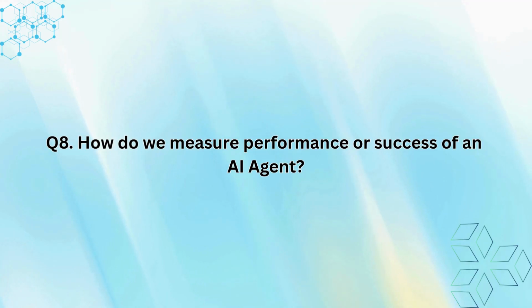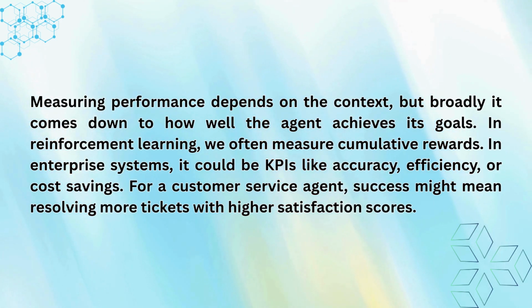How do we measure performance or success of an AI agent? Measuring performance depends on the context, but broadly it comes down to how well the agent achieves its goals. In reinforcement learning, we often measure cumulative rewards. In enterprise systems, it could be KPIs like accuracy, efficiency, or cost savings. For a customer service agent, success might mean resolving more tickets with higher satisfaction scores.